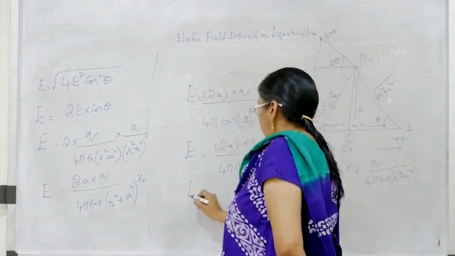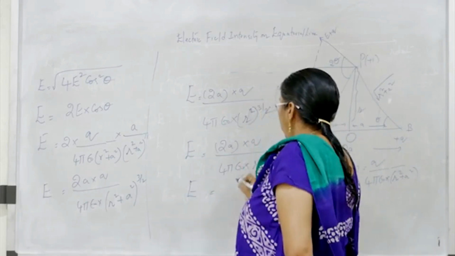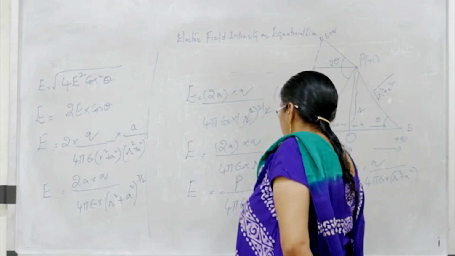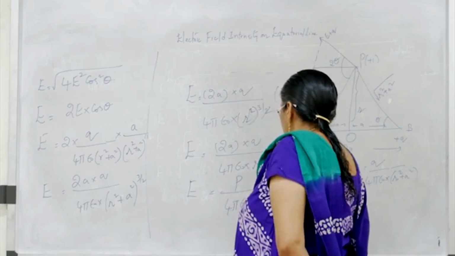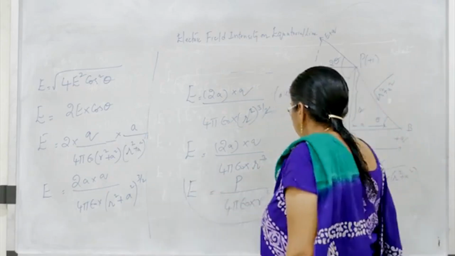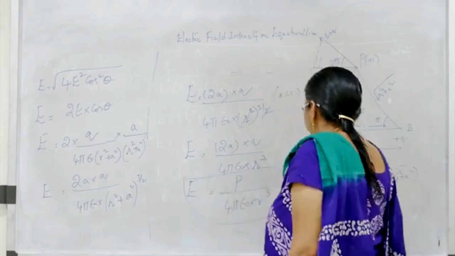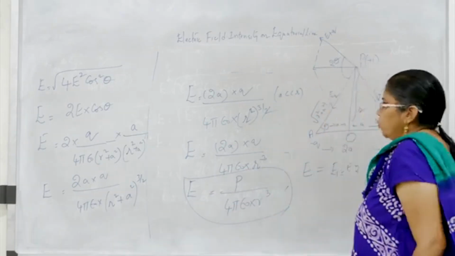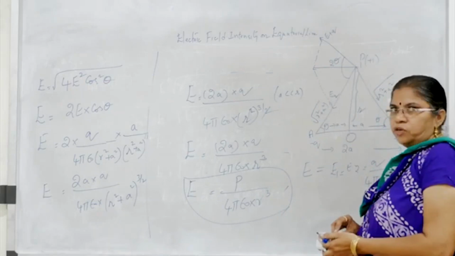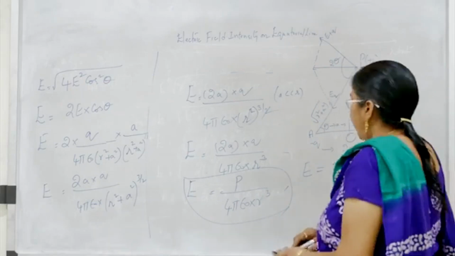So E is equal to 2a into q, which gives the dipole moment p, so p by 4 pi epsilon naught into r cube. This is the expression for electric field intensity on the equatorial line. This is exactly half of the expression for electric field intensity on the axial line.